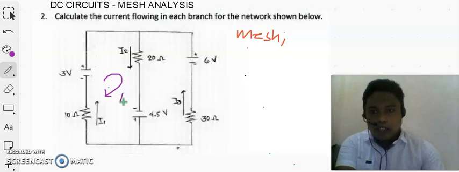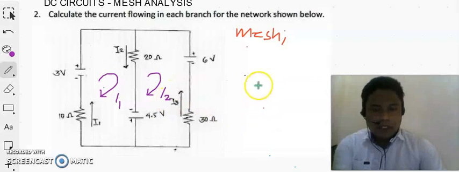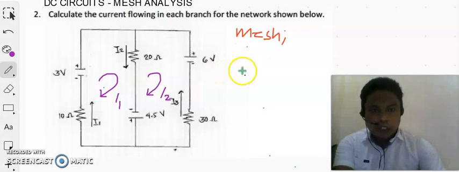Let me say this is I1, and for the second loop, we assume it as I2. The concept of mesh analysis is the theory of KVL.